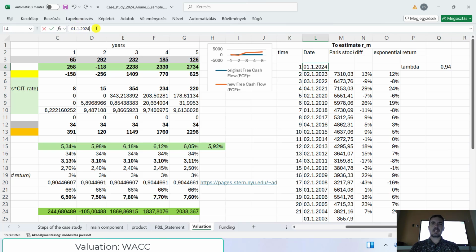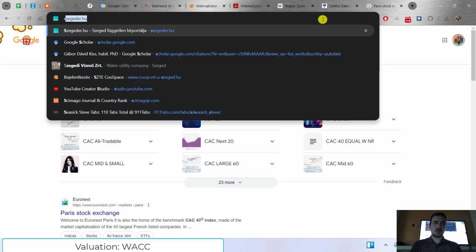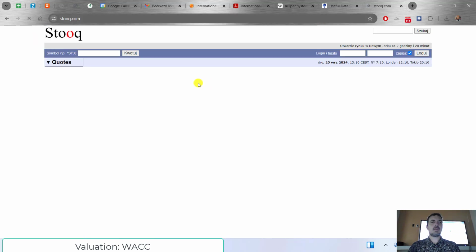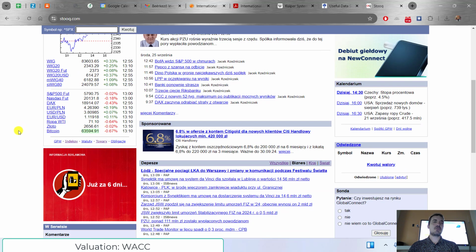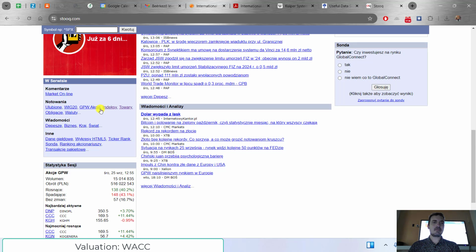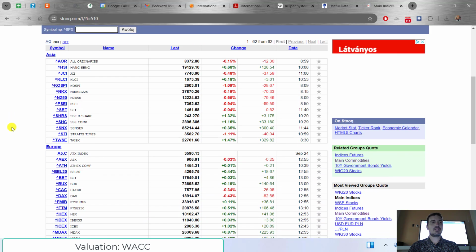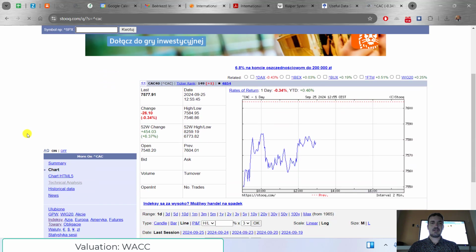Oh, how can we collect this? In this case, I always recommend this Polish website, stooq.com, because here we have data for free. Sometimes it speaks a bit Polish, usually it speaks to us in English, but that's not that terrible.